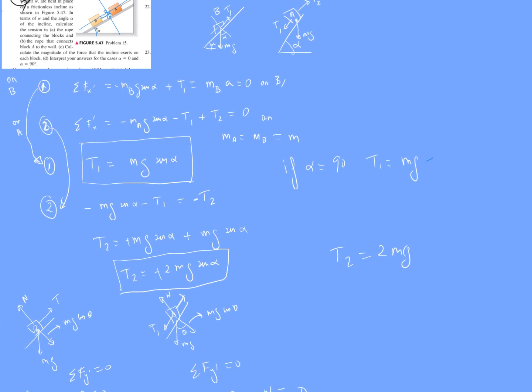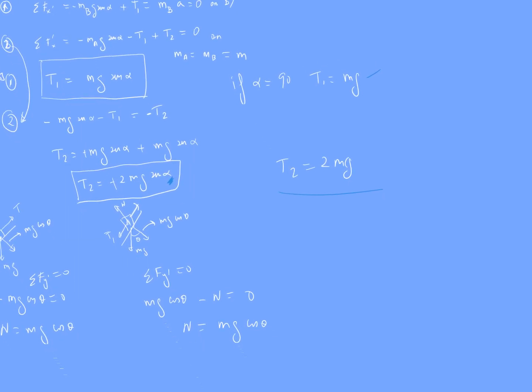If the angle becomes 90 degrees, T1 will become m1g, mg. And T2 will become 2mg, because sine of 90 will be 1, so tension 2 will be 2mg. It makes sense. Yes, of course.